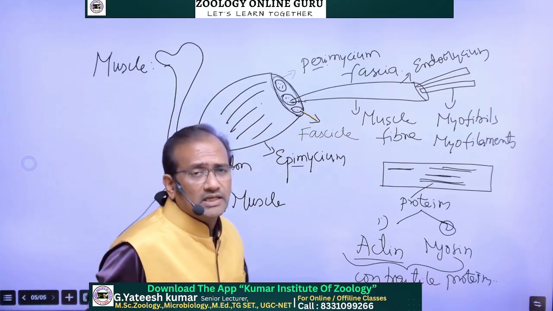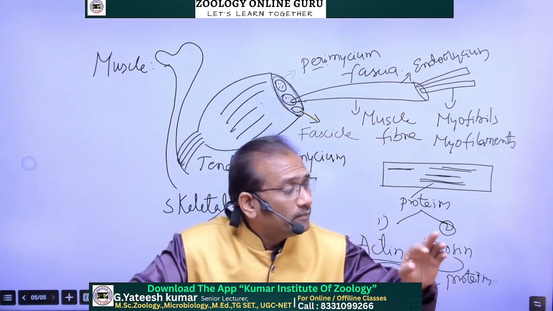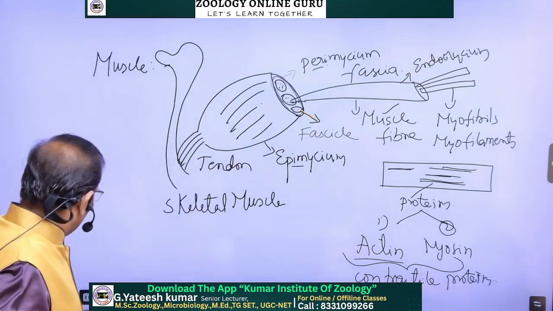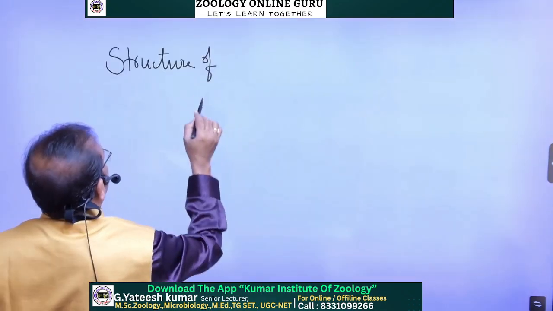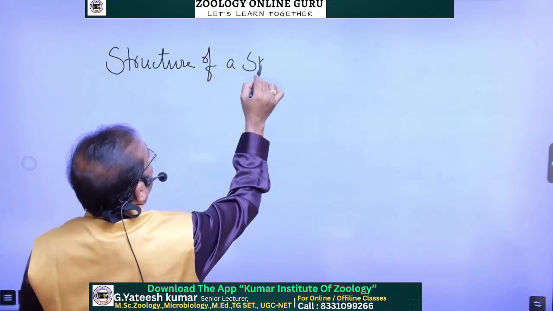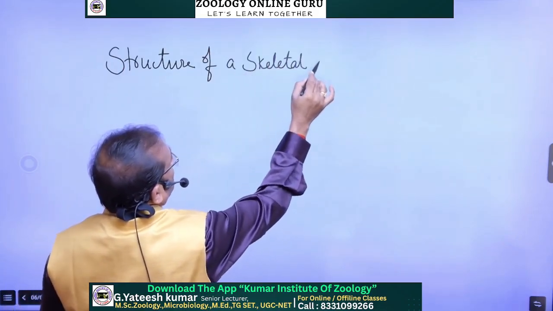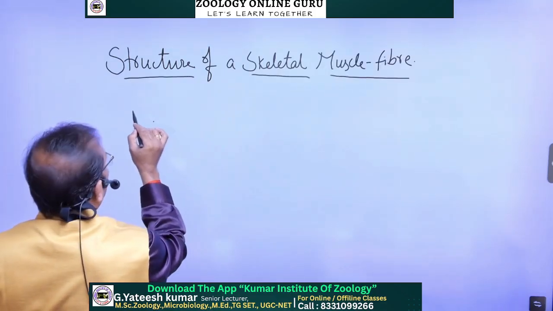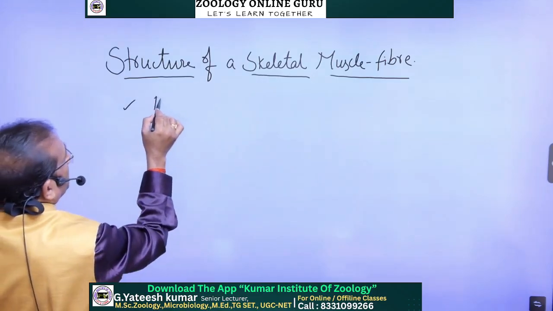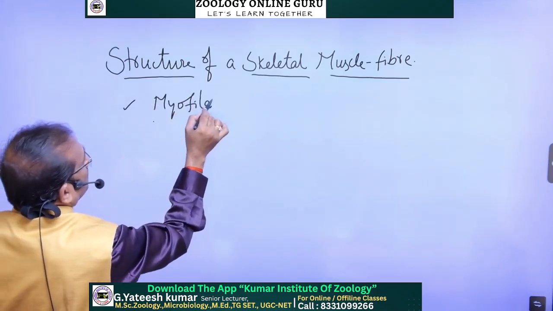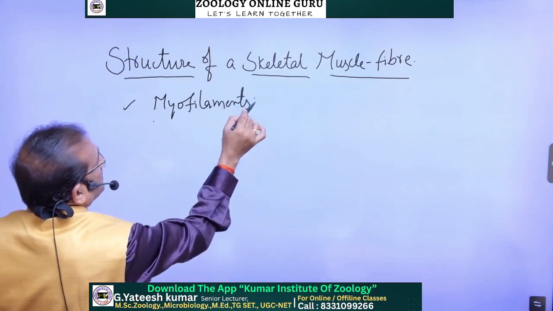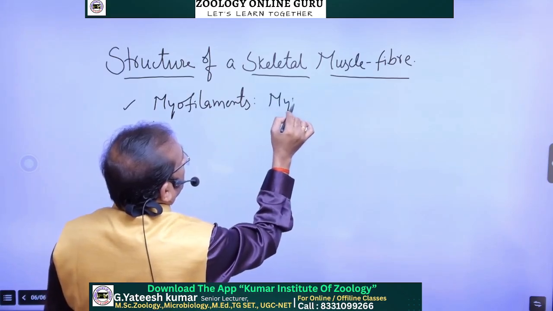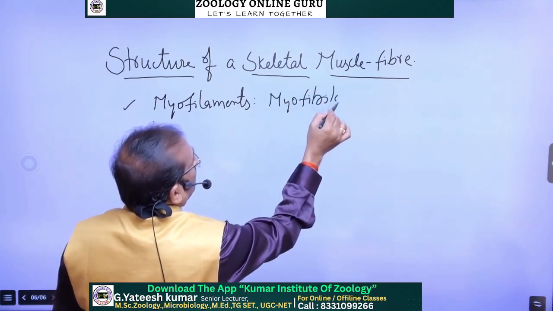Now coming to our next topic, the ultrastructure of a skeletal muscle fiber, that is, how a skeletal muscle fiber is structured. Every muscle fiber is made up of myofilaments, also called myofibrils.